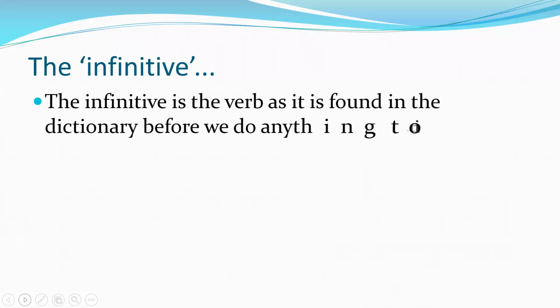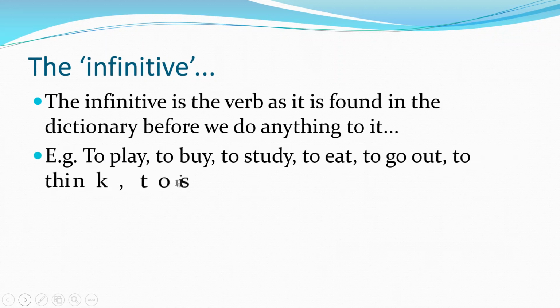So the infinitive is the verb as you find it in the dictionary, you know, the verb before we do anything to the verb. For example, in English, to play, to buy, to study, to eat, to go out, to think, to sing. We don't know who's doing those activities yet, do we? We don't know when those actions are taking place. So this is the infinitive.